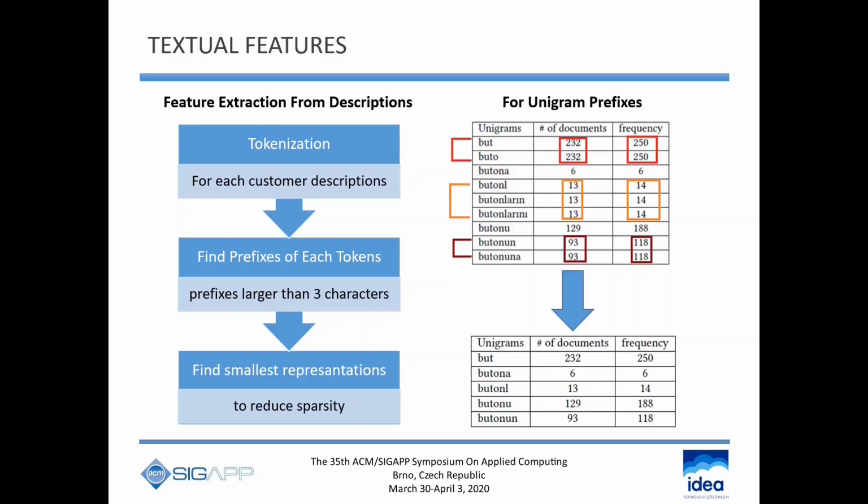So but is the root of buto, and it can't be the root of another word. So buto can be represented as but, and we basically drop the buto word. This situation is also valid for these. The figure below shows the final result.